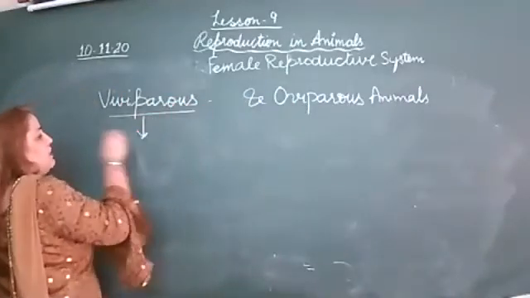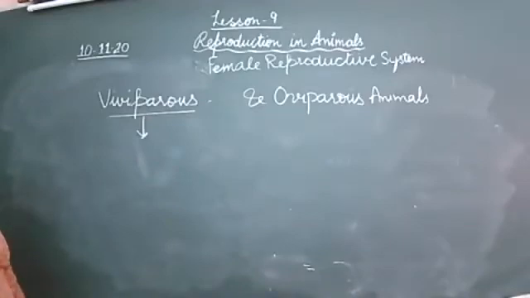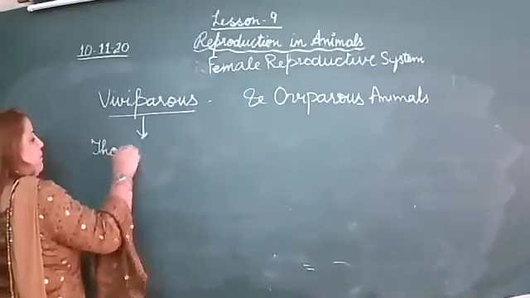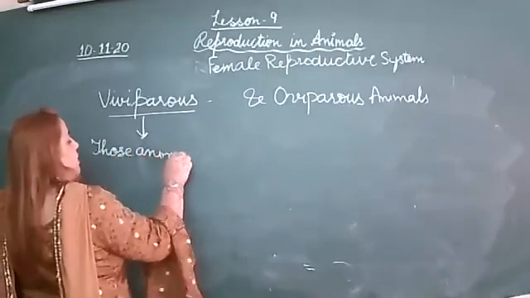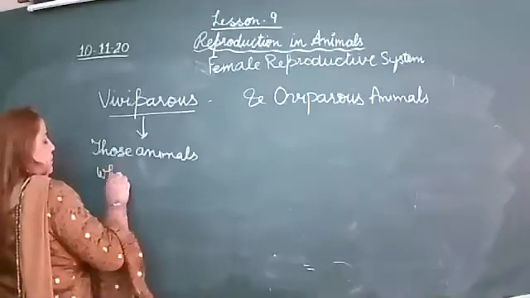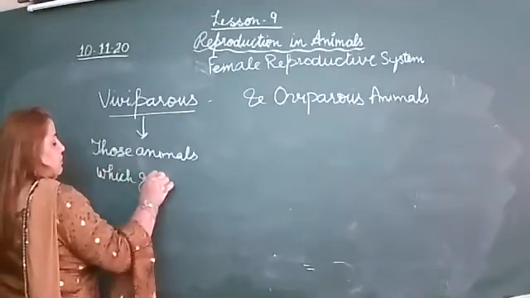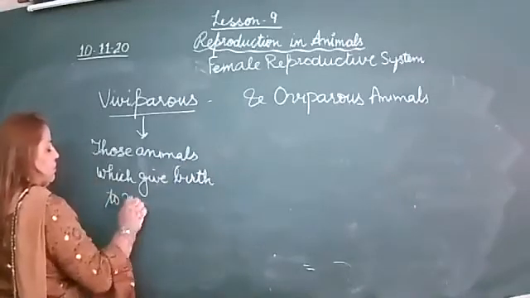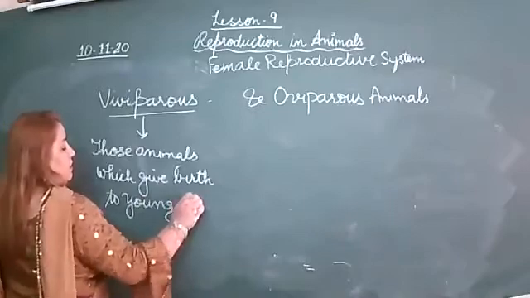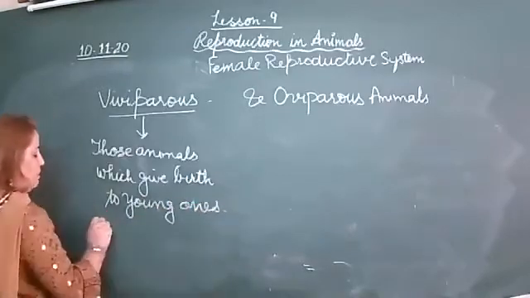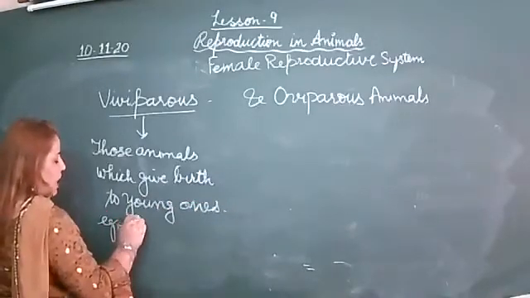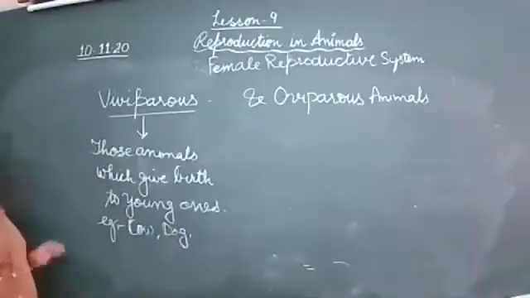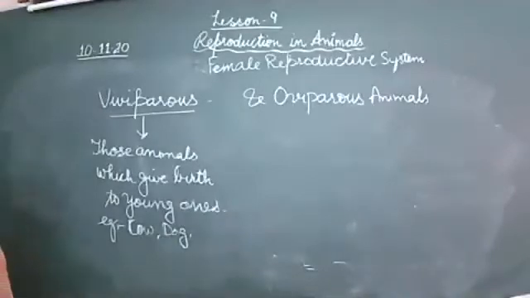Viviparous animals are those animals which give birth to young ones. Example, cow, dog, human being. All these are examples of the viviparous.